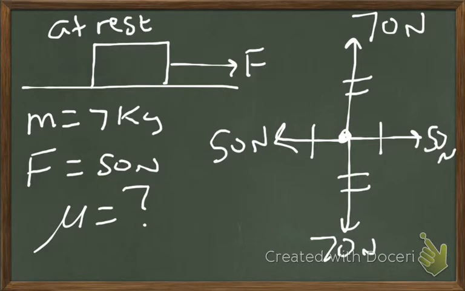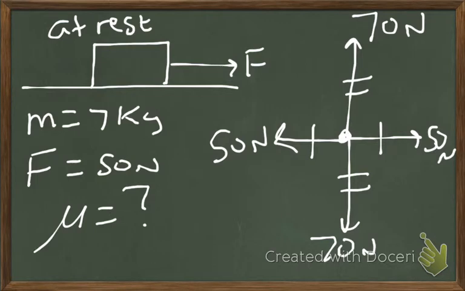If I said that it had 7 kilograms, and I was pulling with 50 newtons, and yet it was still not moving, then we already know all the forces. So pulling to the right is 50 newtons, there has to be 50 newtons of friction, and if it has a mass of 7 kilograms, then it weighs 70 newtons. And then that means our normal force, since we're on a flat surface, is also 70 newtons.